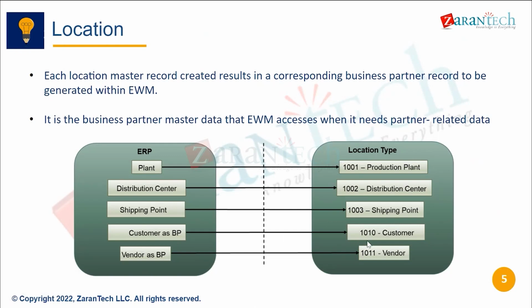It is a combination of entities in the business partner. And if we have a customer as a vendor or a vendor as a customer, all those settings need to be done at the business partner level. I will show you in the system where we generally do those settings. So for each master data entity in the ERP, when it comes to EWM, we need to define the location type for those entities.